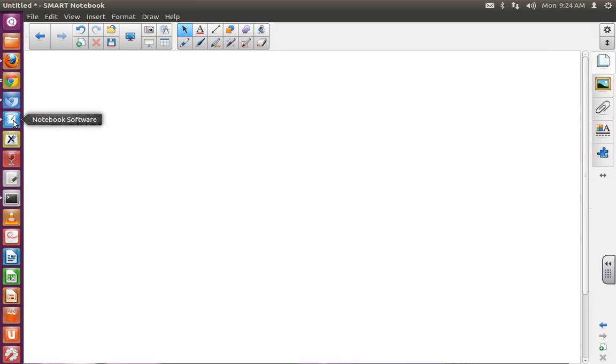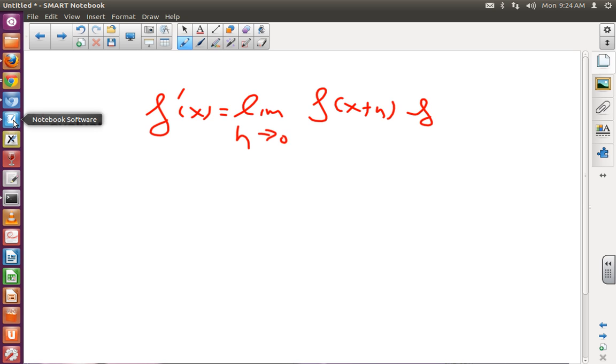Refresh your memory. Yesterday, Friday, we did it the hard way using the definition of the derivative. We said that f prime is the limit as h goes to 0 of f of x plus h minus f of x all over h. And we figured out that the power rule works out this way, remember?